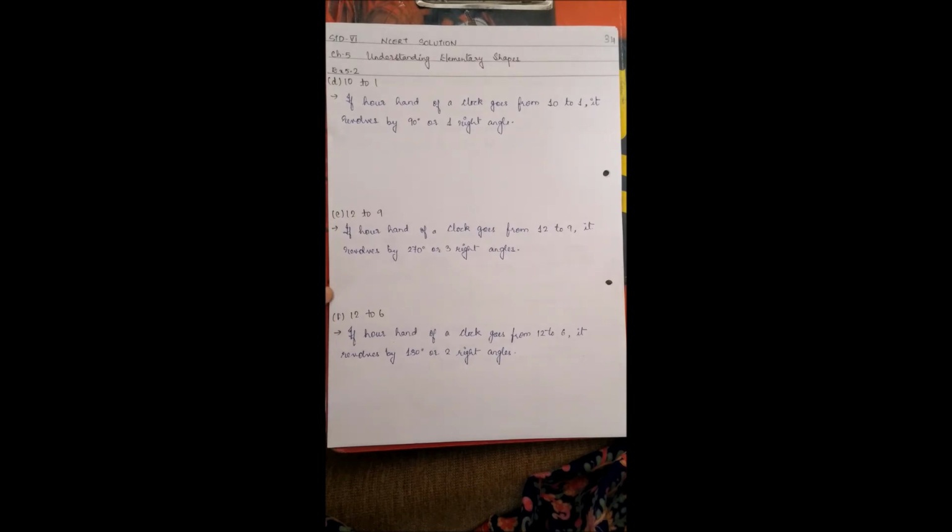So there are 3 right angles. Then 12 to 6. If the hour hand goes from 12 to 6, it revolves by 180 degrees or 2 right angles: from 12 to 3 and 3 to 6. So 2 right angles.